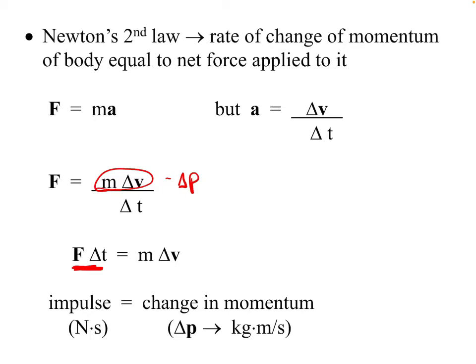If we change something's velocity by applying a large force over a small amount of time, you can do damage to that thing. But if you slowly change the velocity and slowly make it go faster or slower, then you're not applying as much force. You're just applying force over more time. And so that's why impulse is so important.